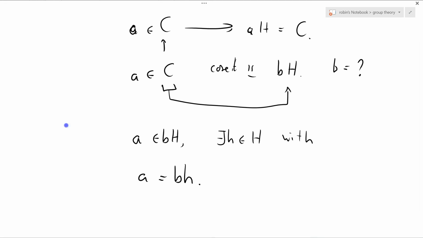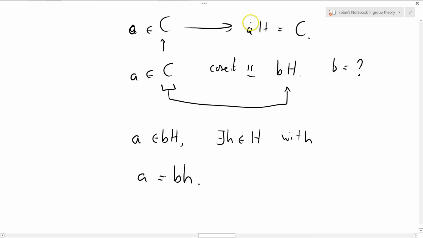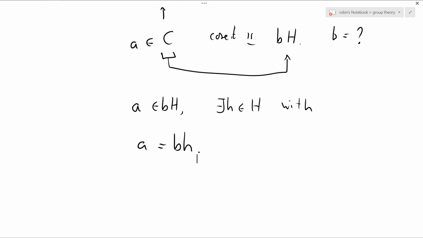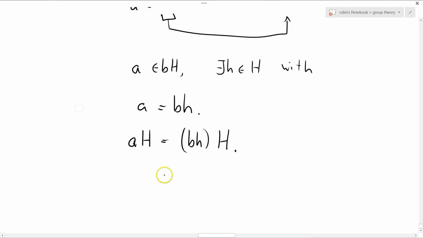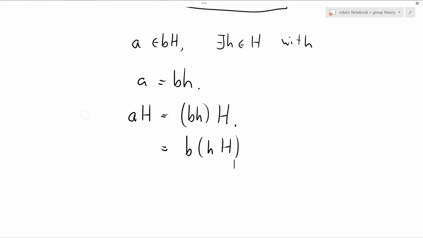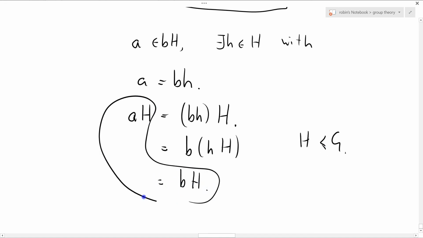Okay? Now what am I trying to show here? I'm trying to show that the coset C is equal to AH. Okay, well what that tells me there is that AH equals BhH, which equals BH, and now we use the fact that capital H is a subgroup of G. So that's just equal to BH, and that's what I wanted to show.